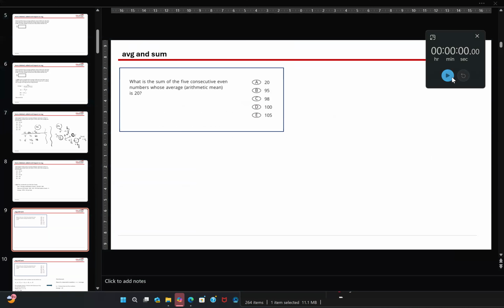All right. 20 seconds to solve this. What's the sum of the first five consecutive numbers whose average is 20? So 20, 40, 43, 63 plus 19 plus 18, 12, 26, 18, 100. 100.